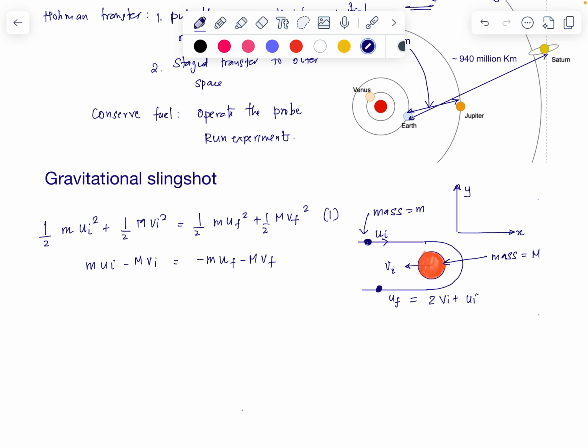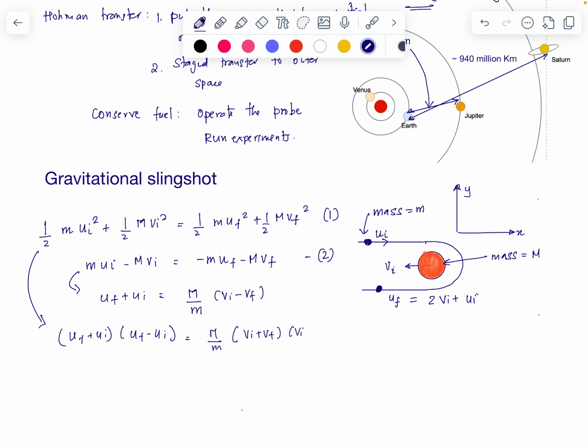So this was equation 1 and that was equation 2. From equation 2 we get uf plus ui equals capital M over little m times vi minus vf. And from equation 1 we can get uf minus ui equals capital M by little m times vi plus vf, times vi minus vf.